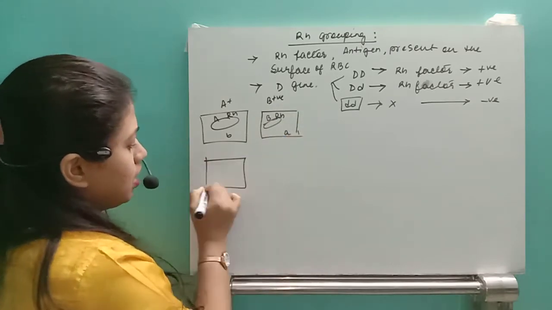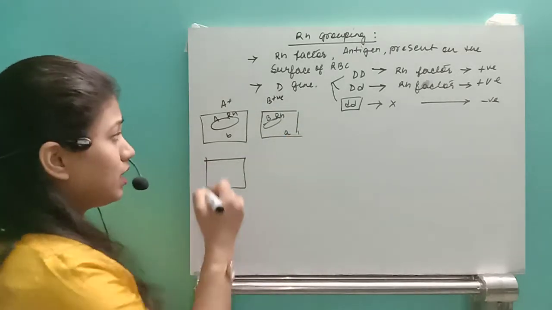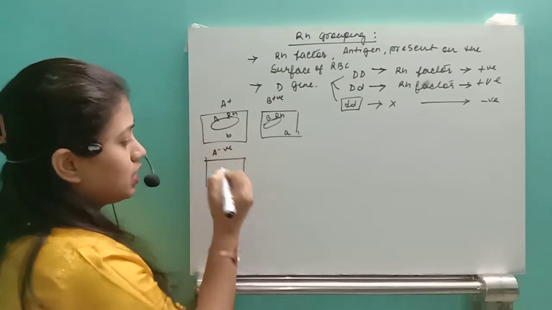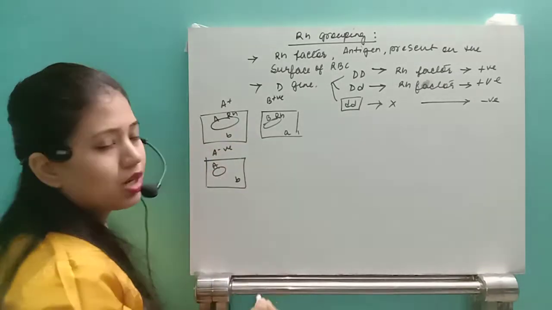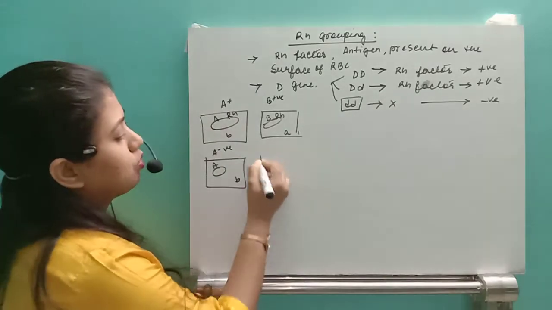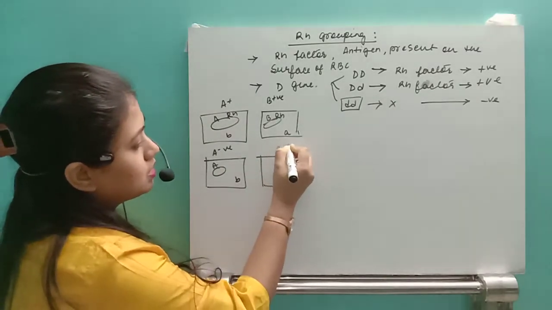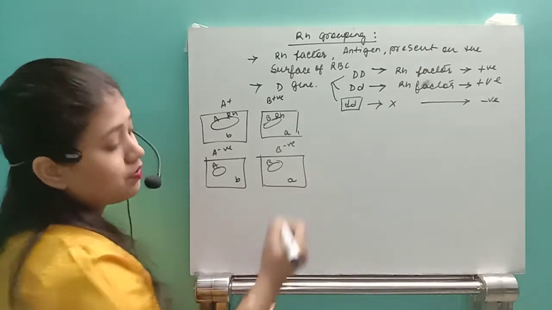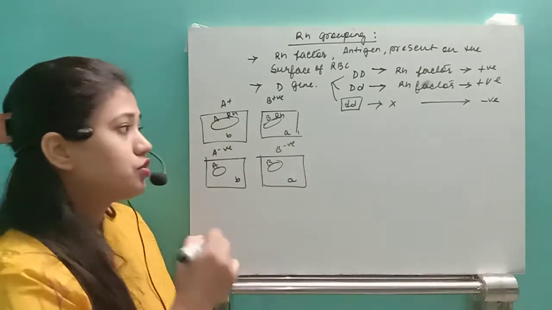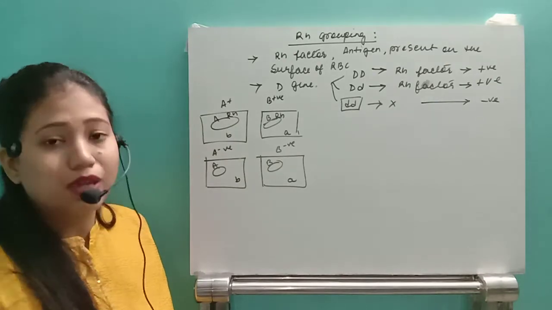If this individual has A negative blood, he will have only A antigen, and only B antibody. If this blood is B negative, then he will have only B antigen, and A antibody, right? So this is the blood grouping system mechanism.